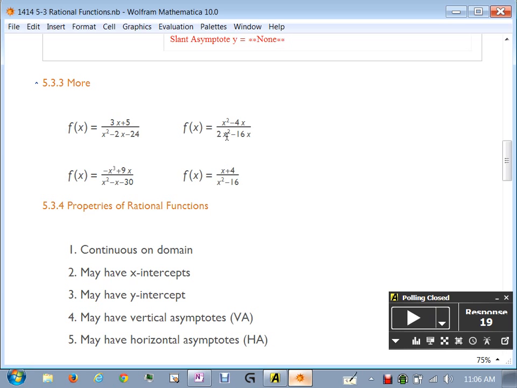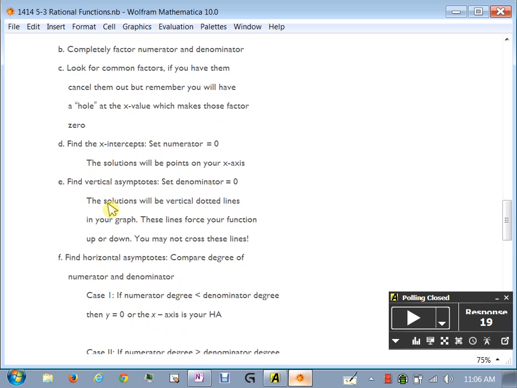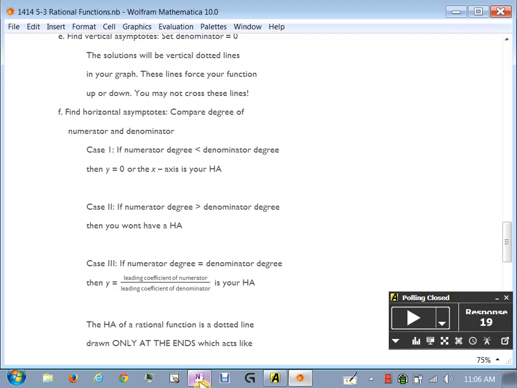And just remember that I'm going to be following the steps that I handed out to you last class, on a separate sheet. So that's what I'll be referring to when I say step A, B, C, D, E. All right, so the function that we have is the function f of x equals x squared minus 4 over 2x squared minus 16x.